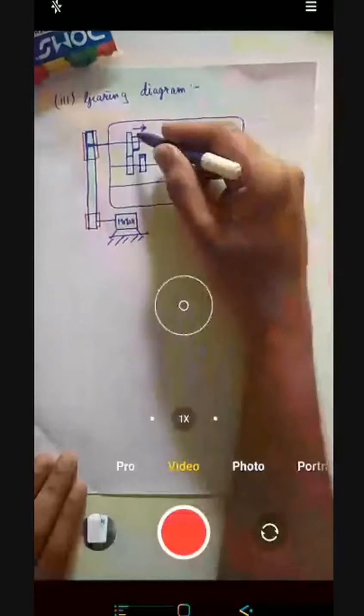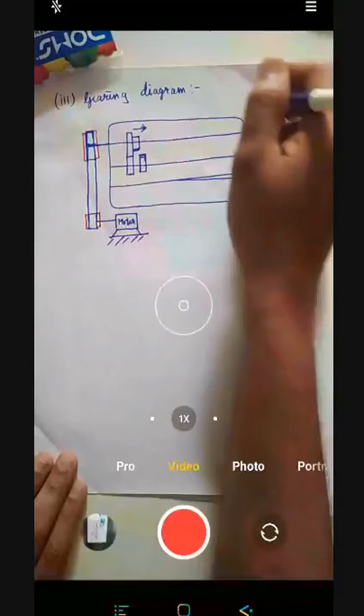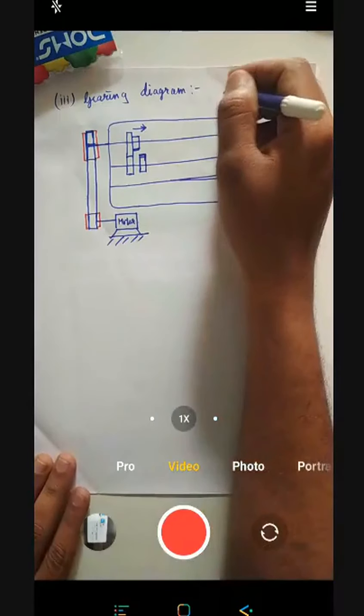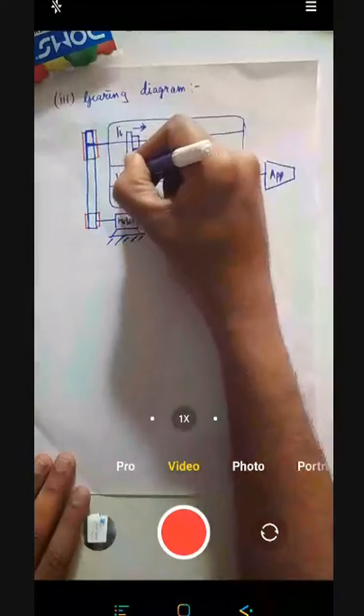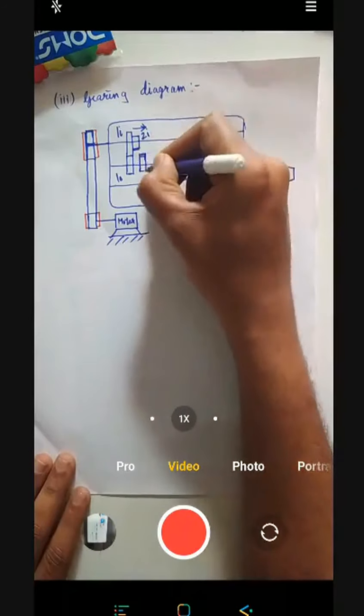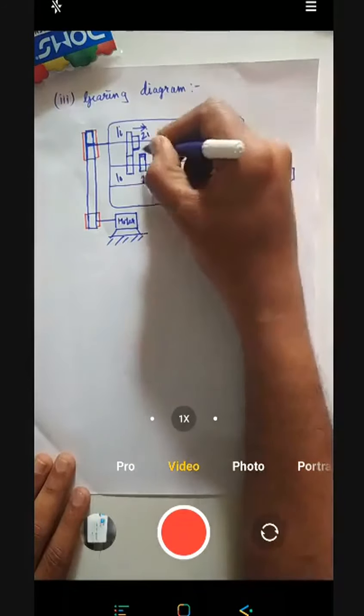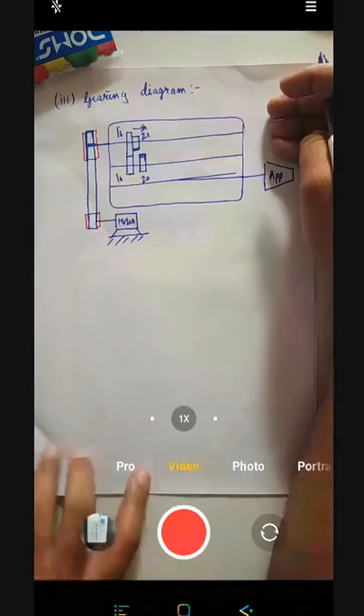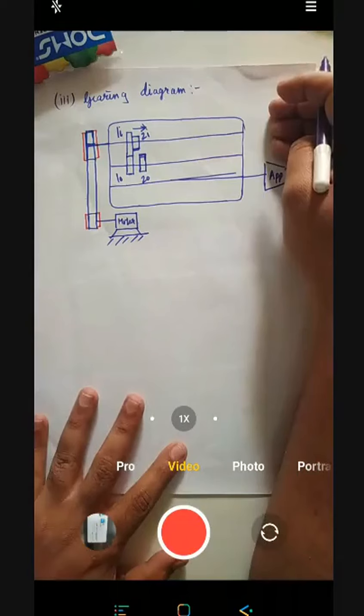Right? So these are 2 gear pairs. You can name them if you want. This is 1I, this is 1O, this is 2I, this is 2O. See, at one interval of time, only one gear pair is in mesh. ठीक है.